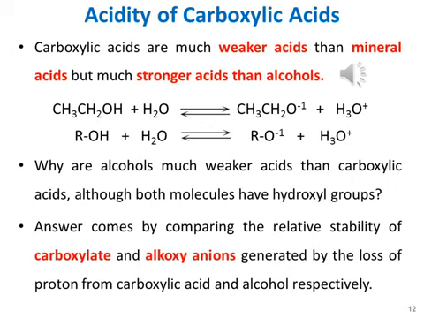Whereas in the alkoxy group, the negative charge is localized, and hence the alkoxy anion is less stable than the carboxylate anion, and that's why carboxylic acids can lose a proton, since their resulting anion is more stable than the alkoxy anion of the alcohol. That's why alcohols don't lose the proton.